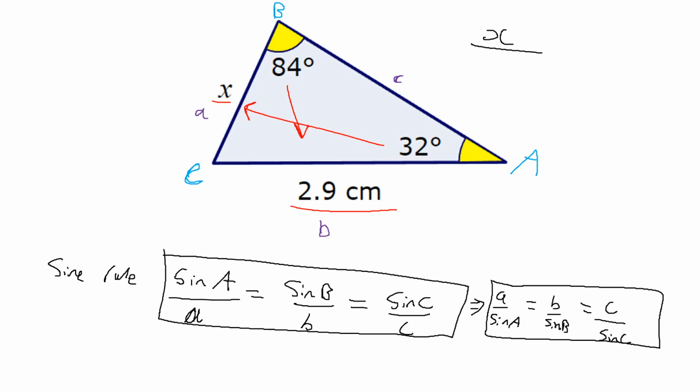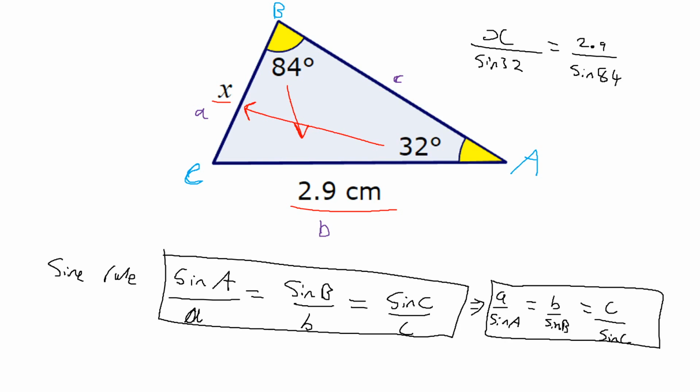x over what's our angle A going to be? 32. So x over sine 32 is going to be equal to, what's our b? Our b is 2.9 and our angle B is 84. So x over sine 32 is equal to 2.9 over sine 84.